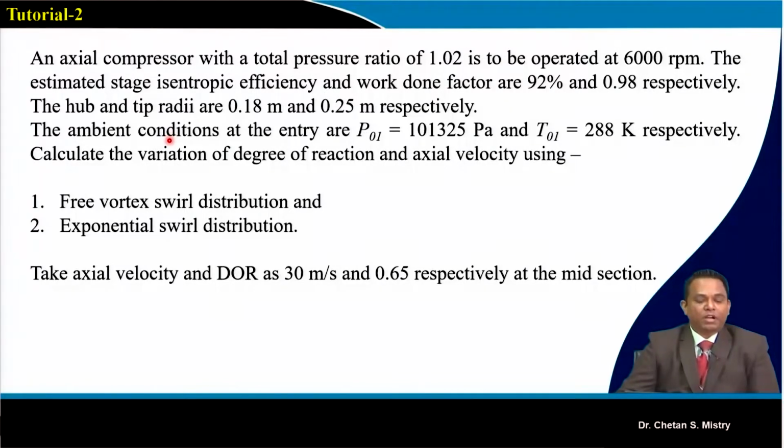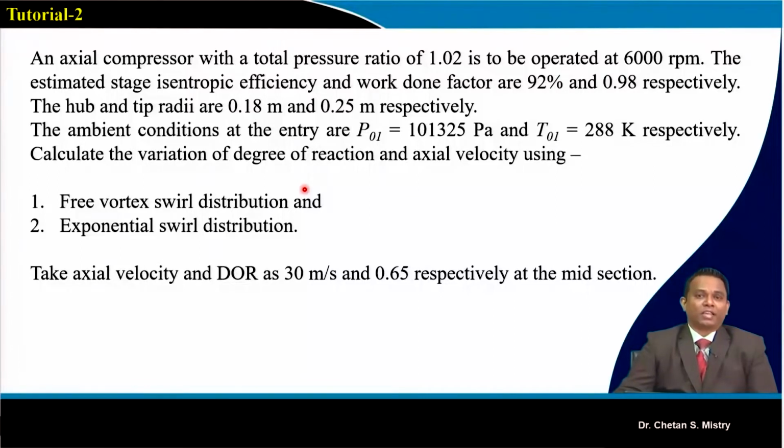Consider the ambient conditions at the entry as P01 equal to 101325 Pascal and T01 as 288 Kelvin. Calculate the variation of degree of reaction and axial velocity using free vortex swirl distribution and exponential swirl distribution. Take axial velocity and degree of reaction as 30 meter per second and 0.65 at the mid station.